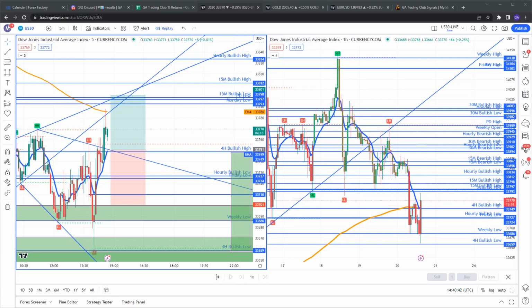I need to look up how to enter pending orders with my trade manager. Anyway, I'll just set it manually and then go from there. 33.750.